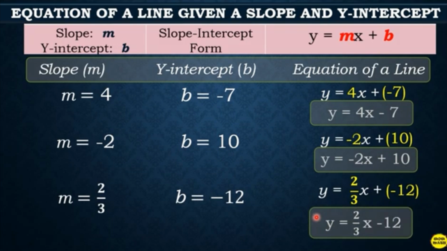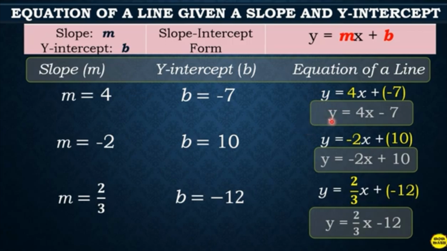Now, take note. Since wala namang hinihinging form kung paano mo isusulat ang equation of the line, then pwede na po ito. So, yung naka-form ng slope-intercept form. Pero kung ang hinihingi po sa atin na equation of a line is in standard form, then you have to rewrite the given slope-intercept form into standard form. So, let me repeat.